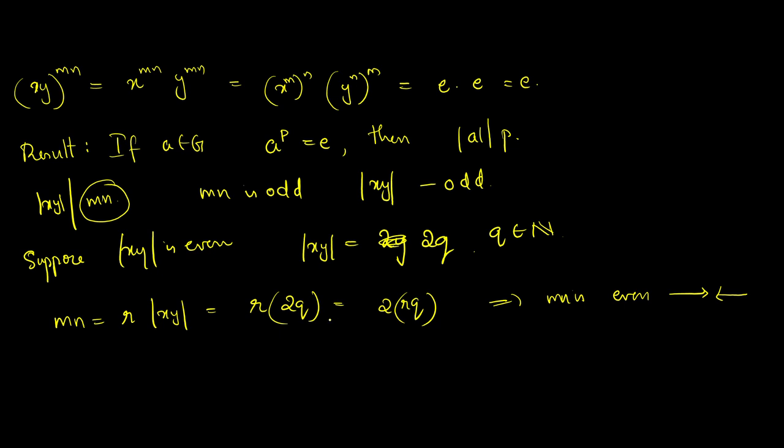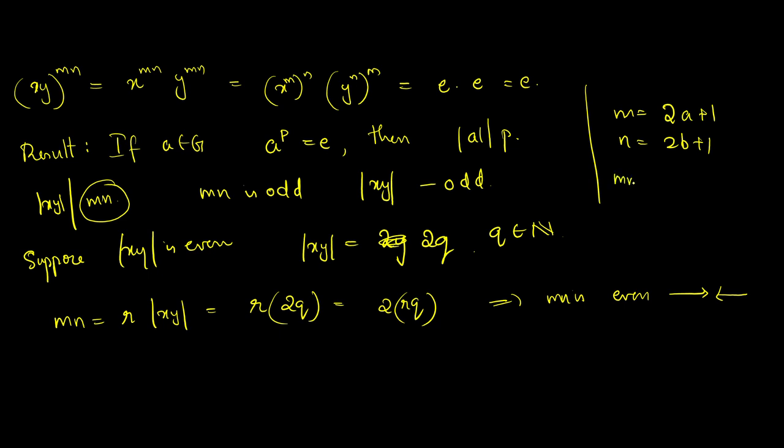Why is it a contradiction? Because m is odd, n is odd, and the product of odd numbers is again odd. You can definitely prove that; it's a very easy thing. Take m equal to 2a plus 1 and n equal to 2b plus 1.